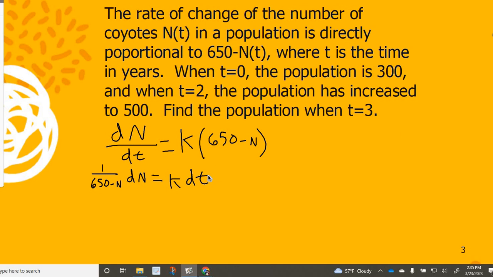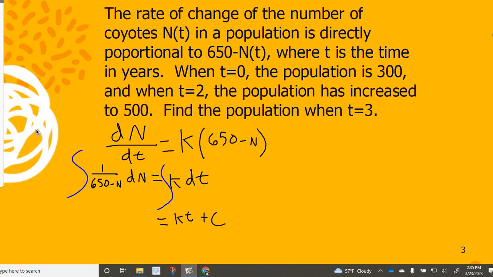So then if I want to integrate both sides, the right side is pretty straightforward. We're just going to end up with kt plus c. What would we have to do for this one? Natural log.